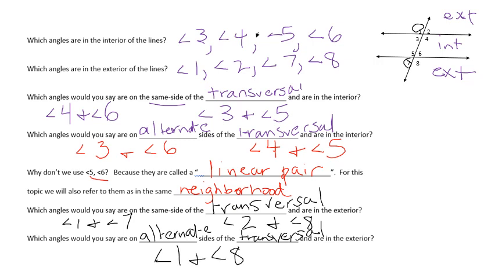Or we want 2 and 7 because 2 is on the right and 7 is on the left. Notice that those angles are all in the exterior. So we have done same side interior, alternate interior, same side exterior, and alternate exterior.